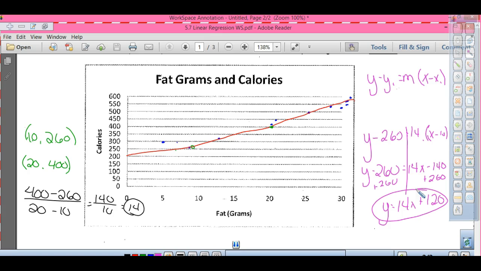So let's talk about what these numbers mean. 14 is my slope, right? What is 120? My y-intercept. So let's talk about what the y-intercept means.